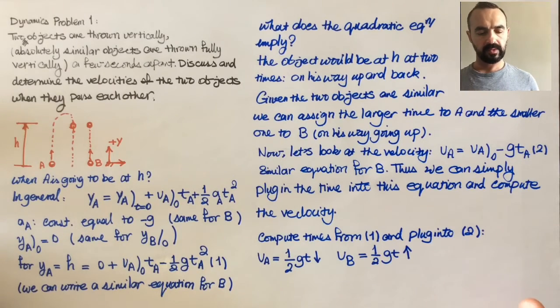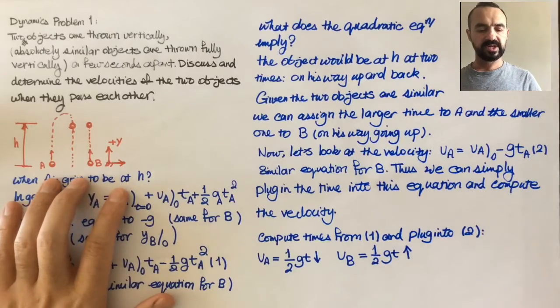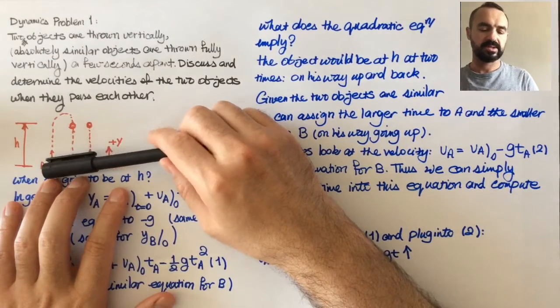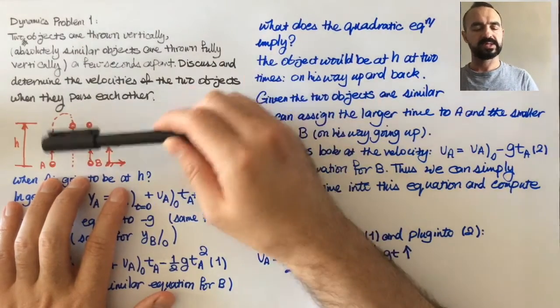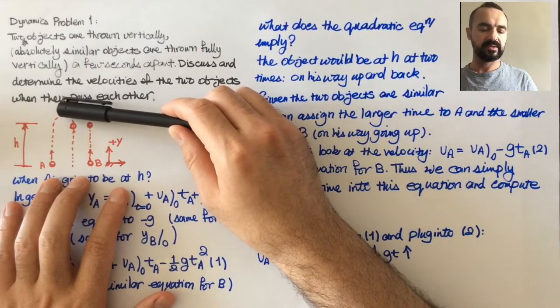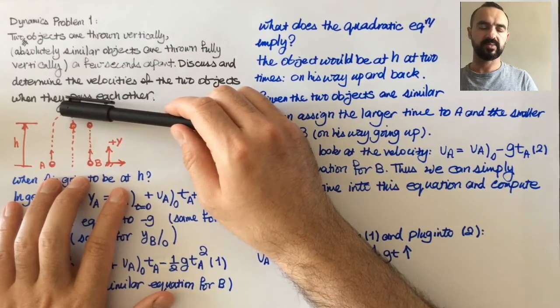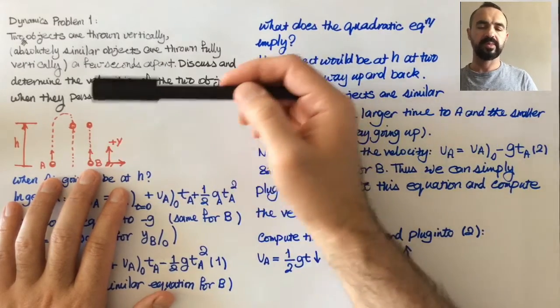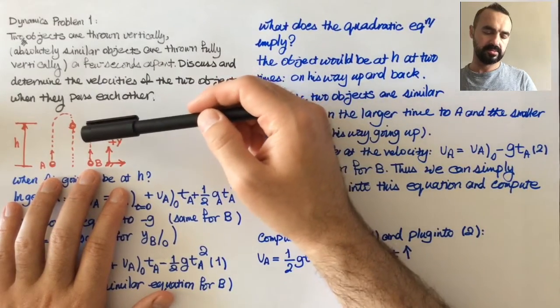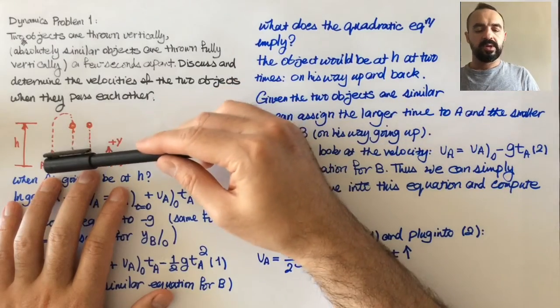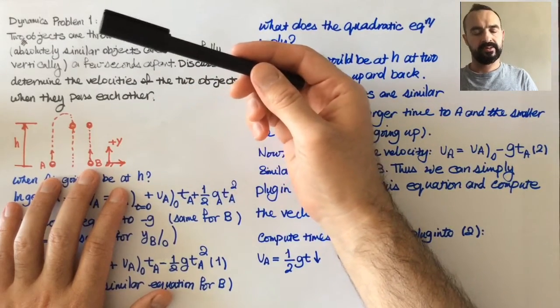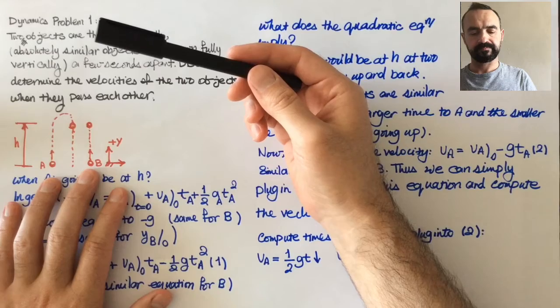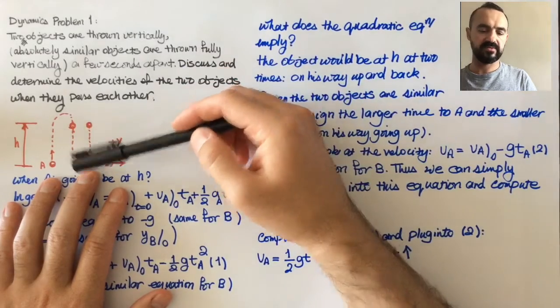So the object A is thrown to the air. Let's say it follows this path. It goes up, it reaches its maximum height, and then it starts going back. So the object B is thrown sometime later after A, but with the same initial velocity.